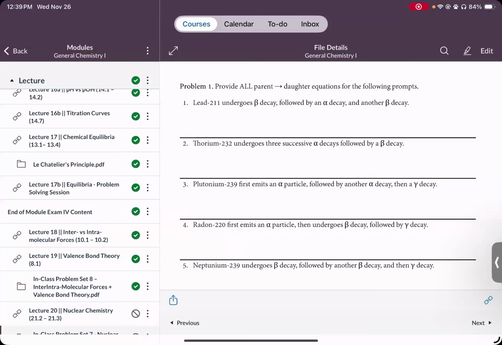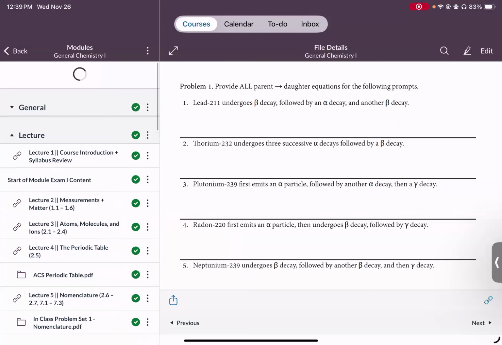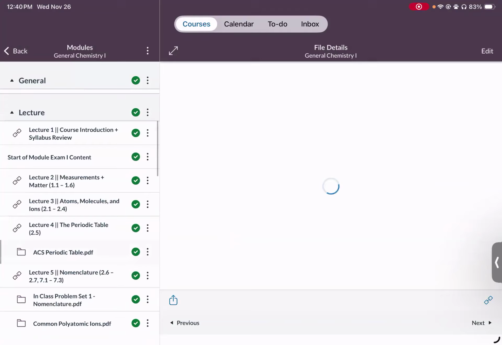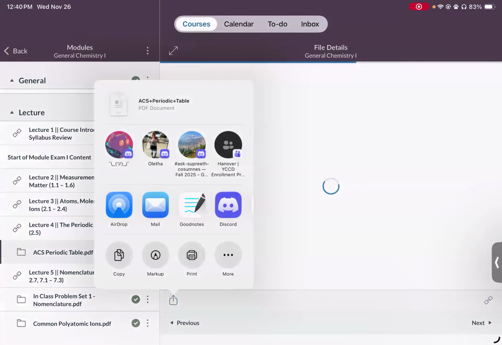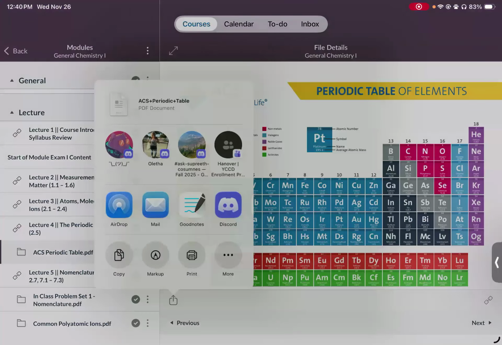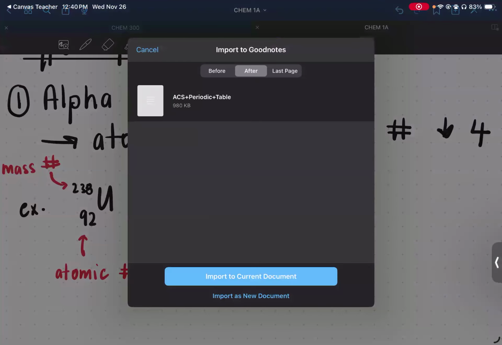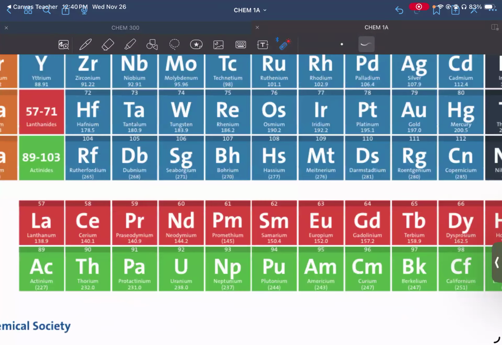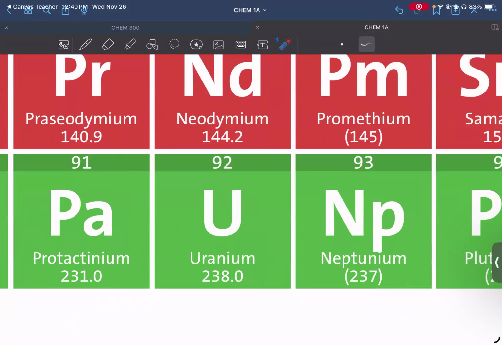Allow me to pull up a copy of the periodic table. Where is it? Where is the periodic table? Where we know, of course, where we could find uranium.